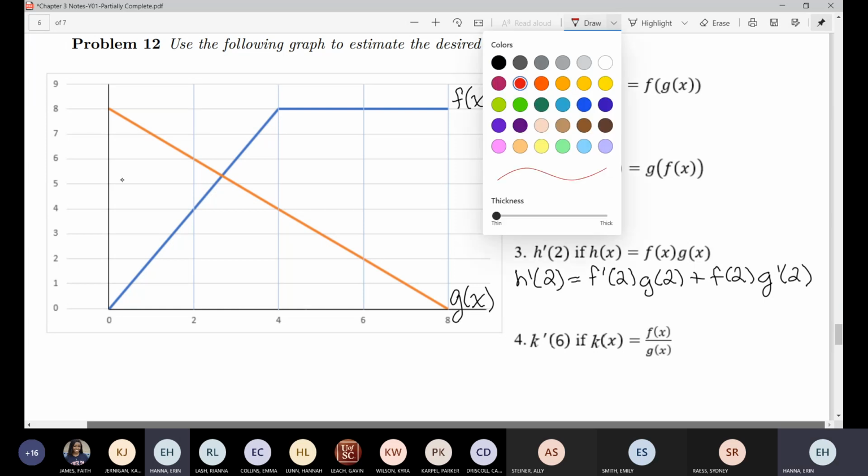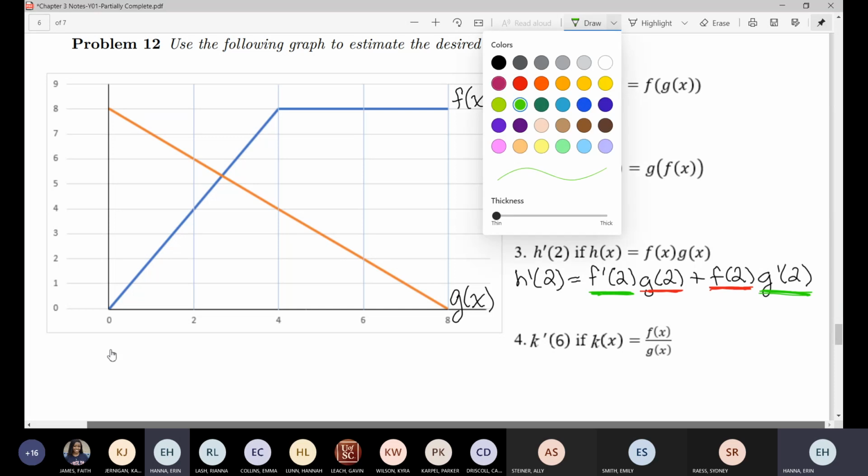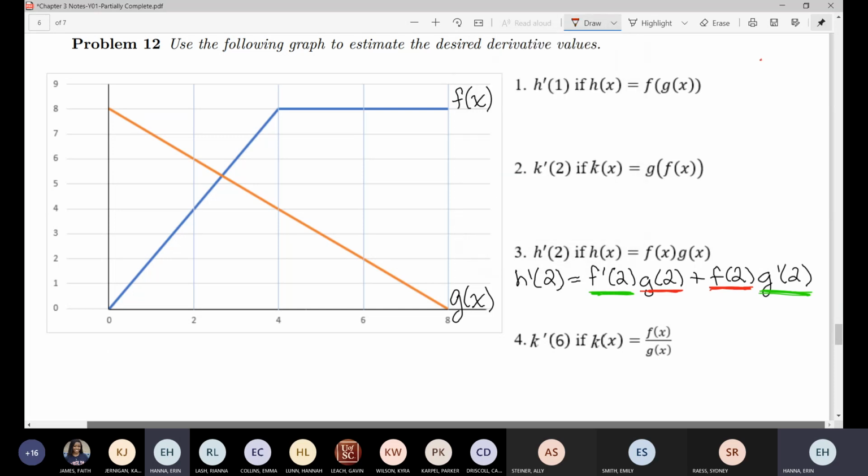Now, notice we've got kind of original function things, and we've got derivative things we want to plug in. So given this graph, we're given regular f and regular g. If we just want f of 2 and g of 2, just look at 2 and find where they are on the function.